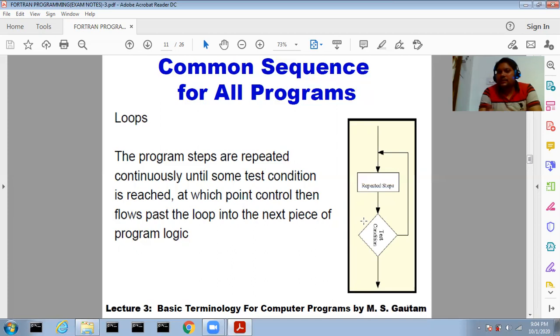In that sense, a looping structure is required whenever a program has to repeat something again and again until a test condition is satisfied. So this kind of structure in a program is known as a looping structure or loops. This is also a common feature to all types of programs.